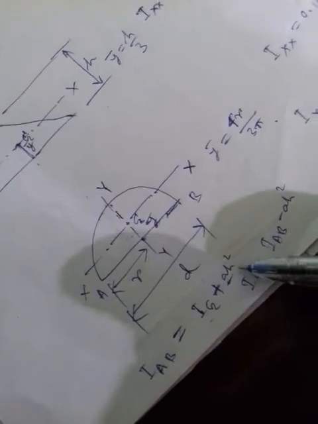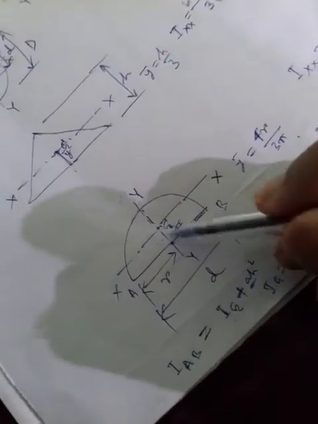We know the area of a circle is pi r square, therefore the area of a semicircle will be pi r square by 2. So putting pi r square by 2 instead of A, and h, the distance from G to the base, as 4r by 3 pi, it will give 0.11 r to the power 4.